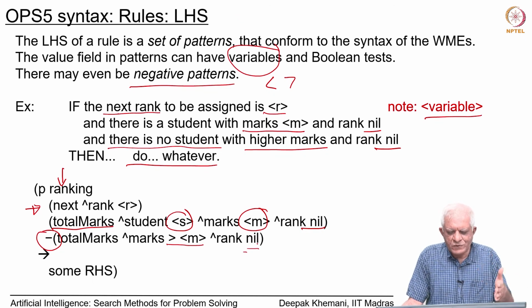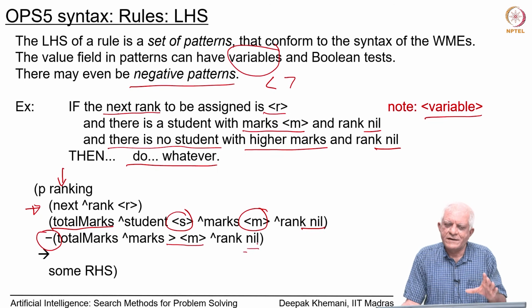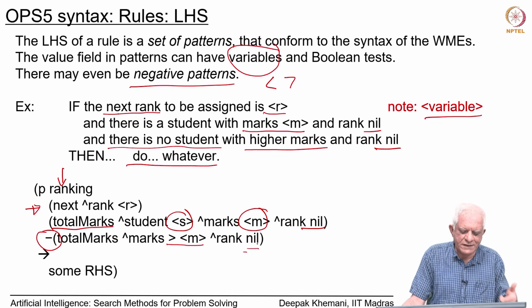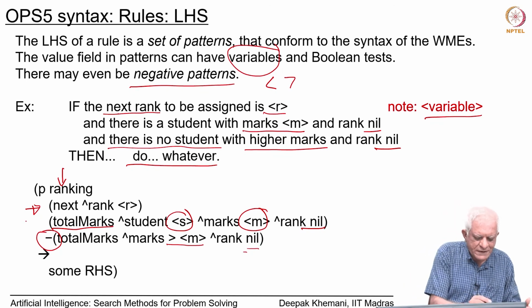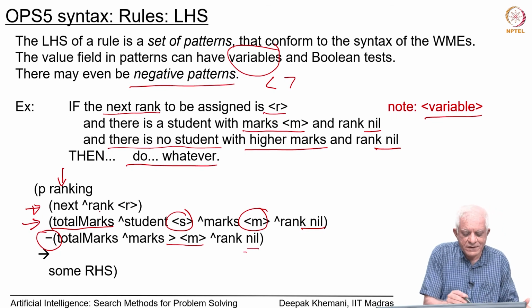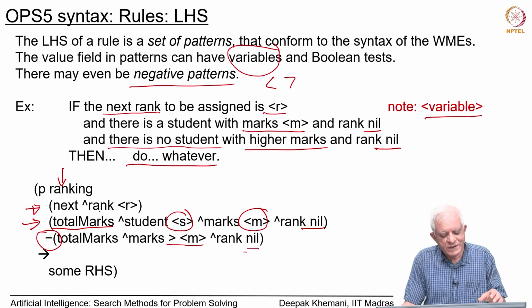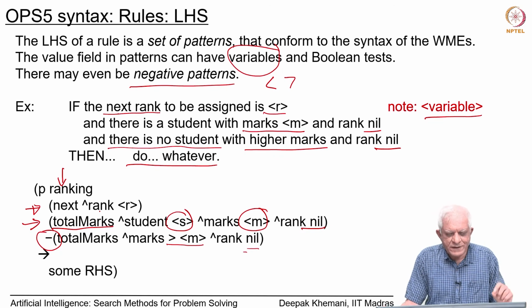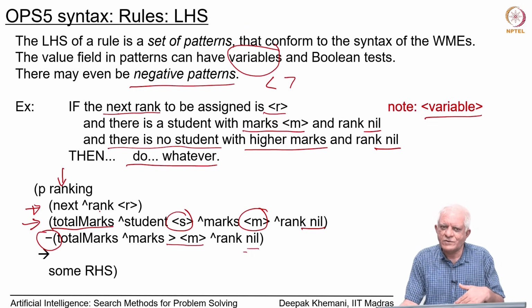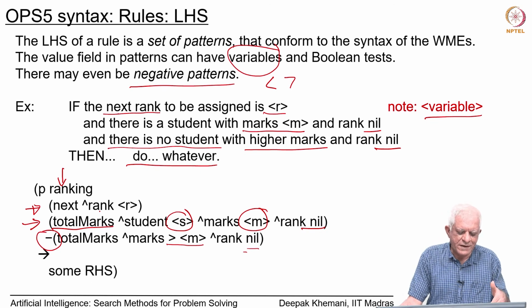And we have rules whose left hand side match some statements in the working memory element. So, how many statements will this particular rule match? It will match 2 statements. One is that there must be an element called next with whatever the rank is, and there must be a student who satisfies this criteria, that she or he has not been assigned a rank, has got marks M, and there is no one higher, and that is a third pattern.